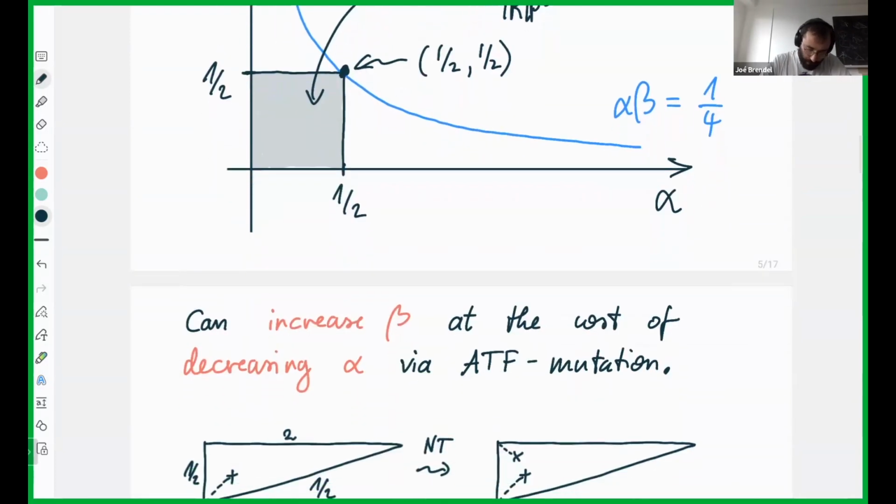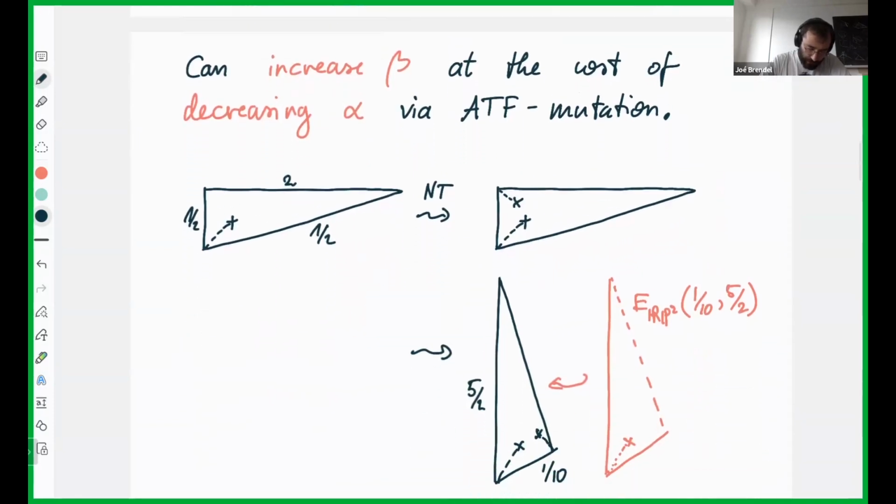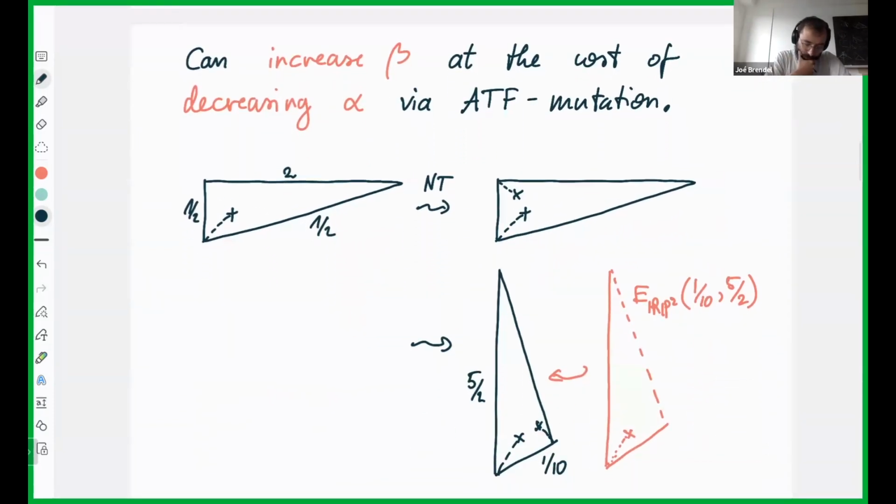So I can increase beta at the cost of decreasing alpha. The way this works is by doing further almost toric mutations. So I'll draw one more of them here. Let's start again with this 1/2, 1/2, 2 triangle in the upper left here.